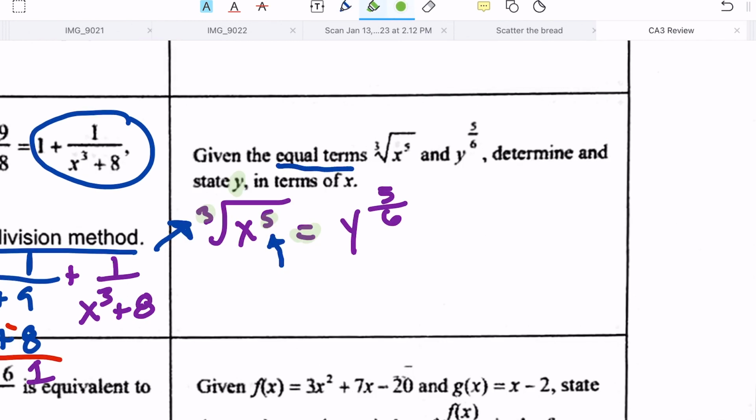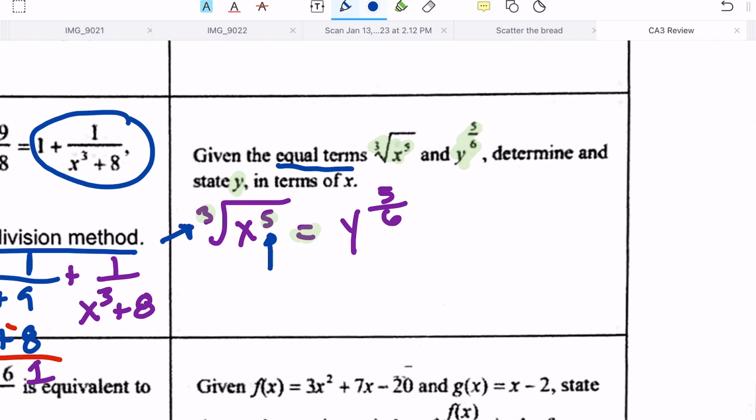So they tell us that both of these terms are equal to each other. And we also have to determine and state y in terms of x. In other words, we have to get y by itself. So we set those both terms equal to each other. This is going to become our denominator. This is going to become our numerator.